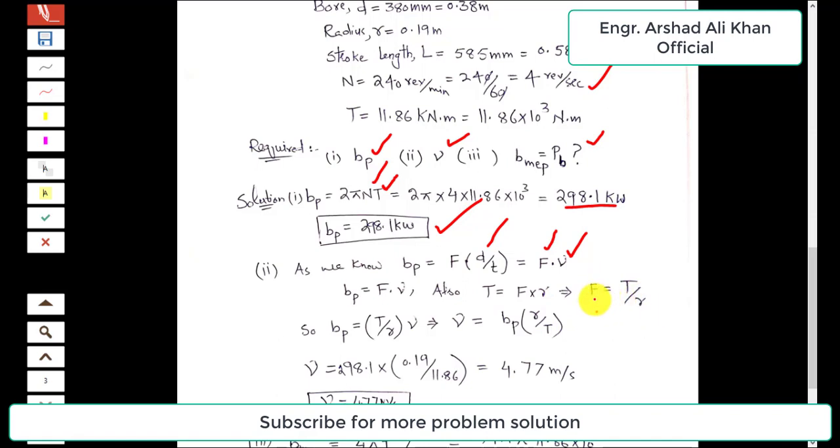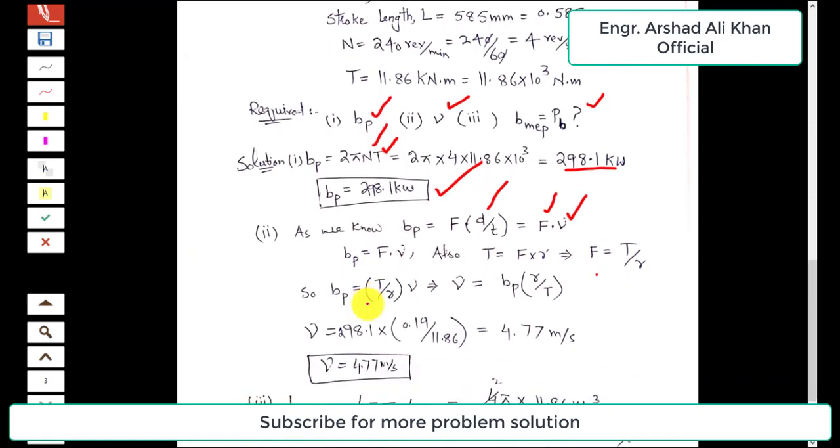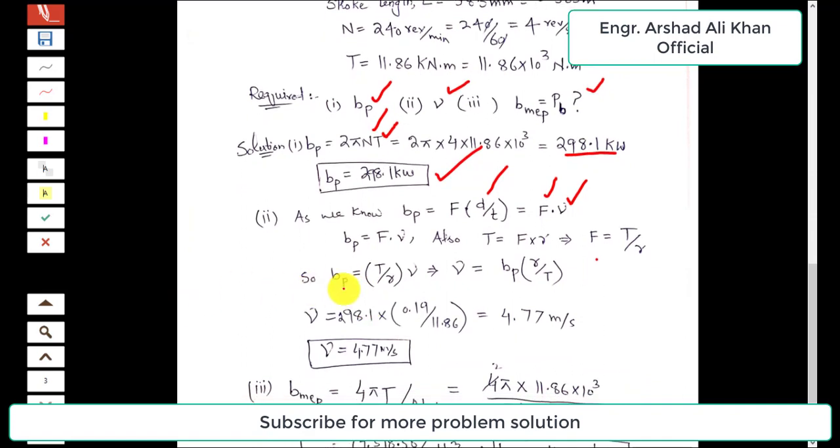So when we put F over here in this expression, the brake power expression becomes BP is equal to T by R into v. F is replaced with T by R.